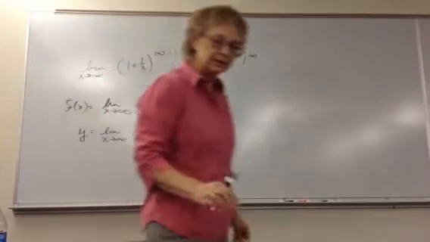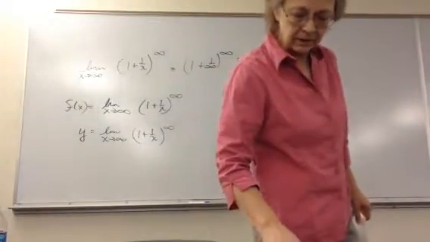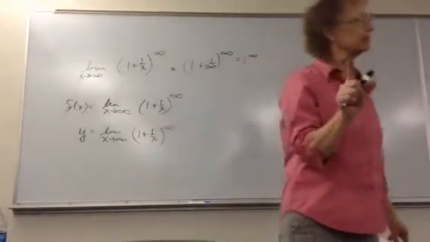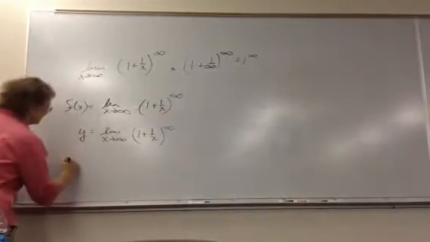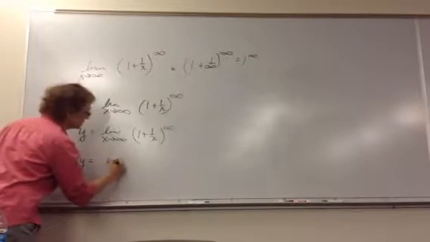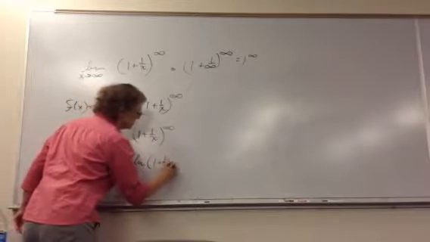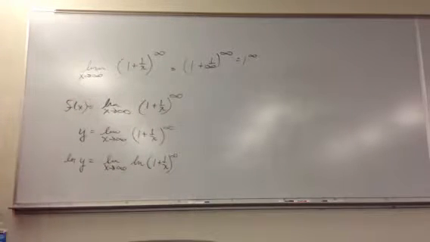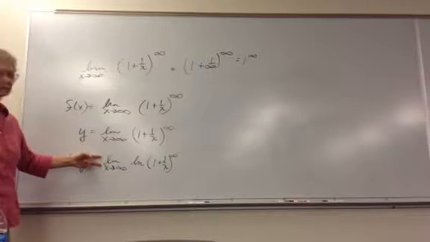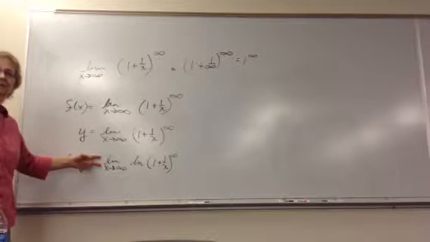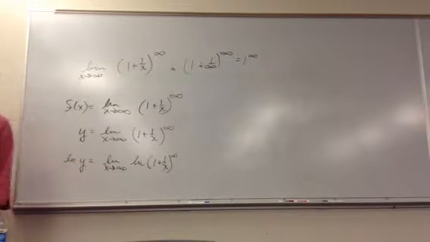Now you'll notice one little thing here. Do you notice that the natural log goes inside the limit? So it's saying if I take the natural log of both sides, I put the natural log in here. Do you have an issue with that? I kind of have an issue with it, because it should be on the outside of here, right? Right, doesn't matter.